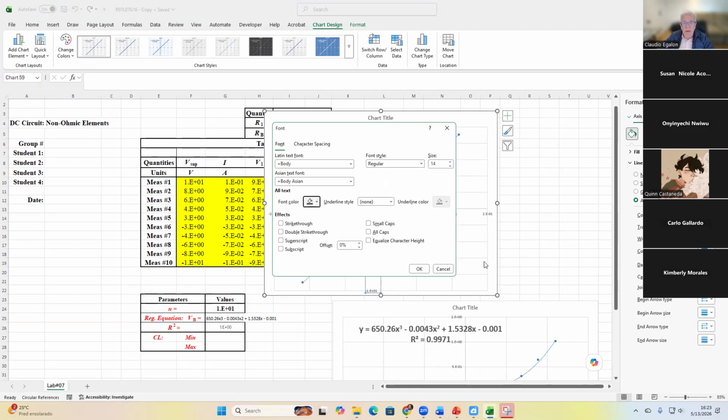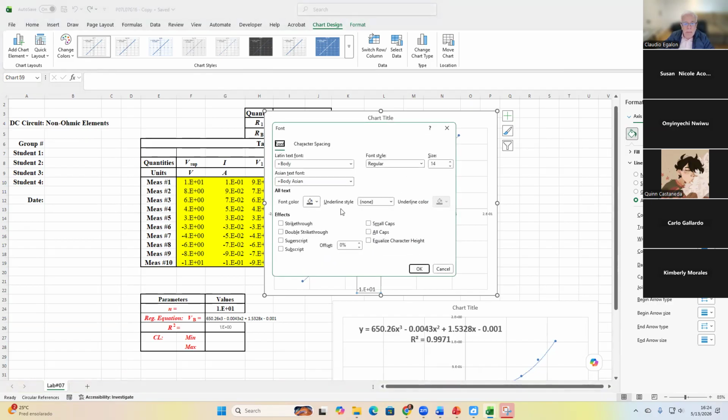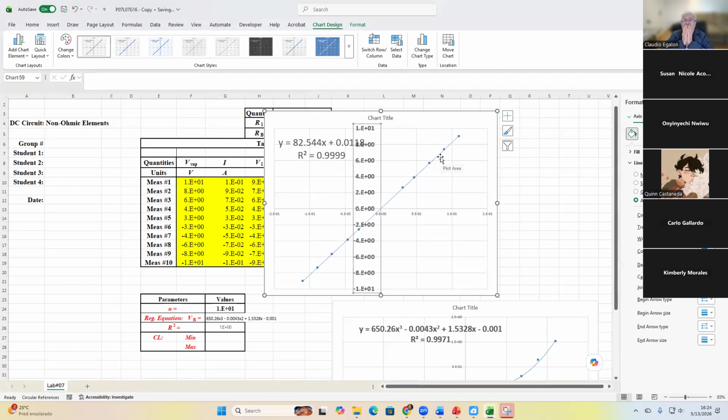Let's say 14 font size. We also want to put it in boldface to make it easier to read. I think we need a slightly larger size, 16.